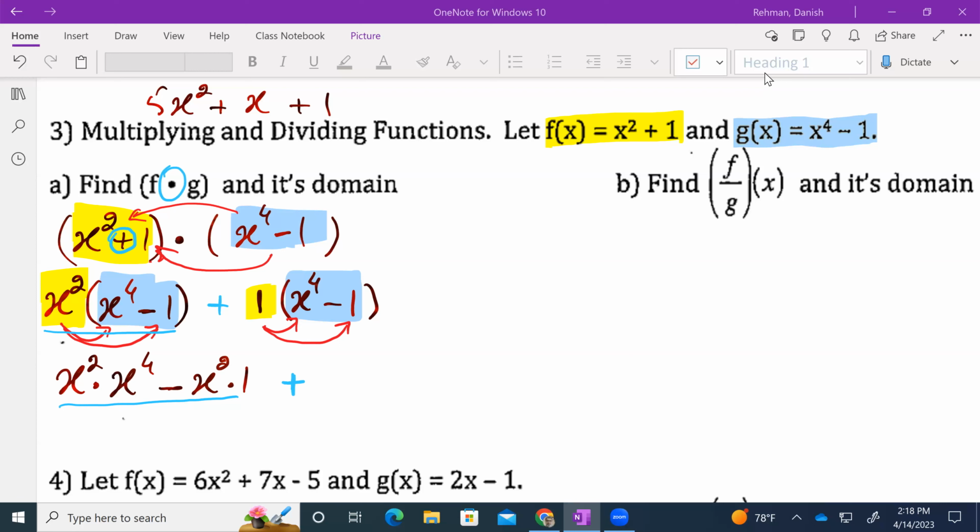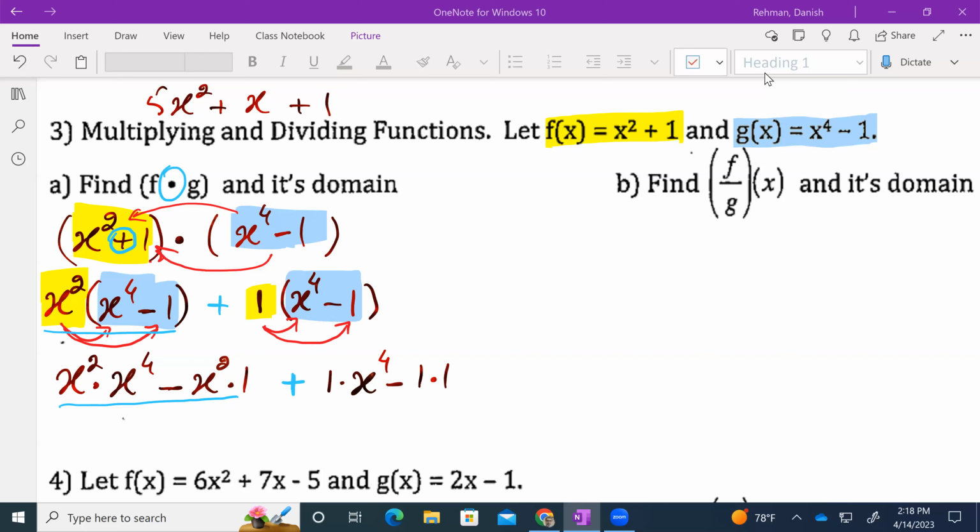And with this plus sign, we will distribute the 1 over both the terms. 1 times 1 and 1 times x raised to power 4. Done. Just one last thing, and I will close the question and stop the recording.